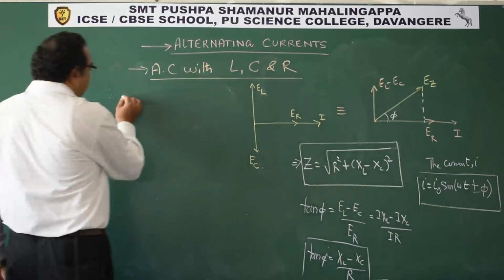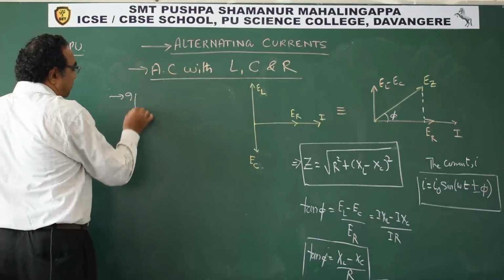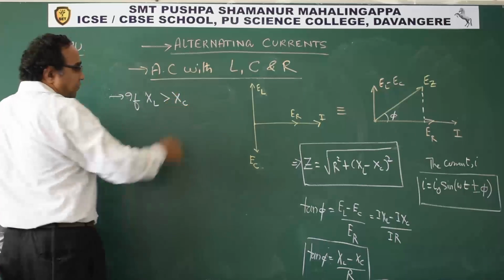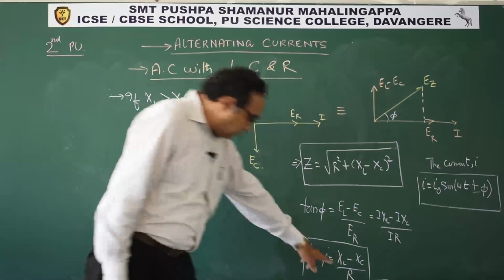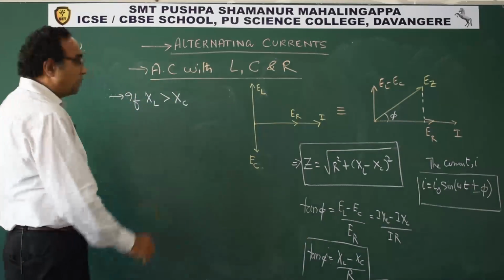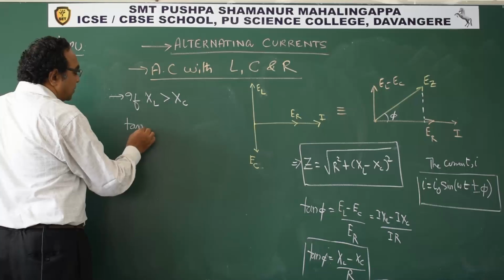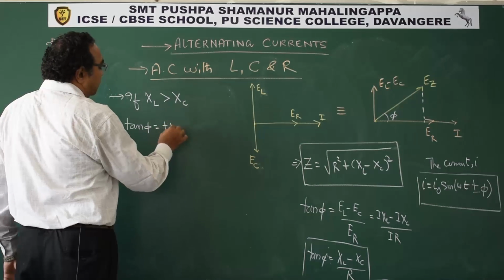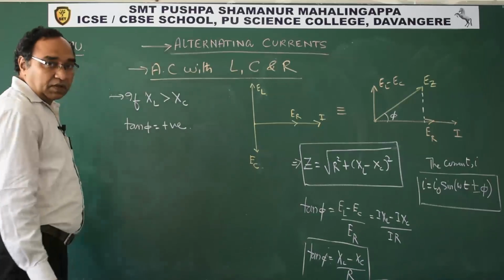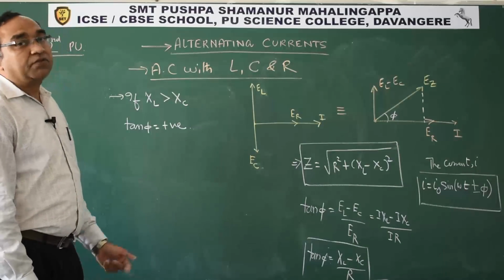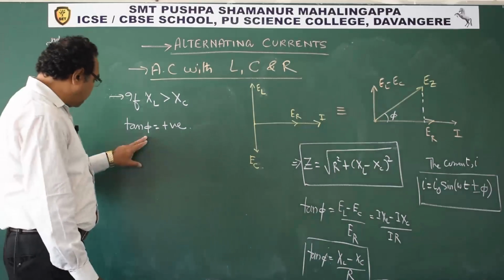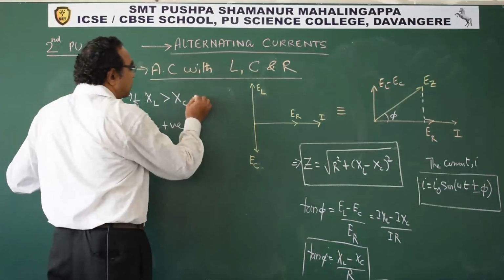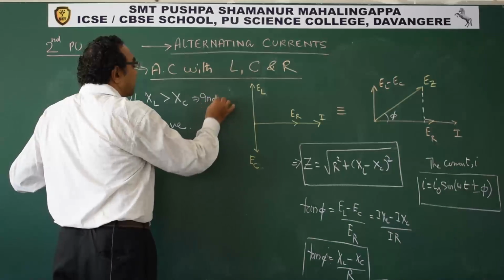So if XL is greater than XC, tan phi is positive. Tan phi is positive means what? It means if XL is greater than XC, the conclusion is it is an inductive circuit.